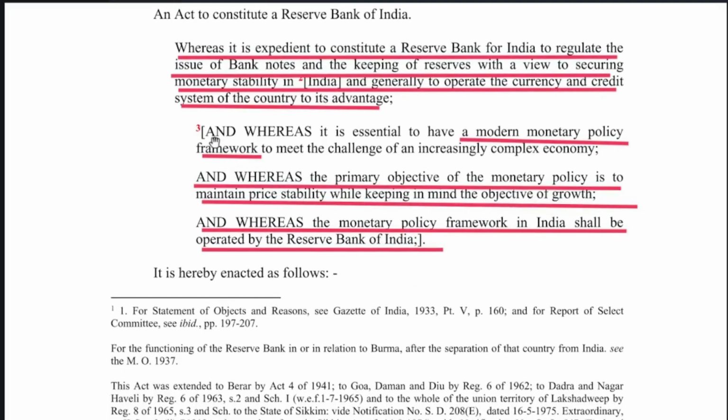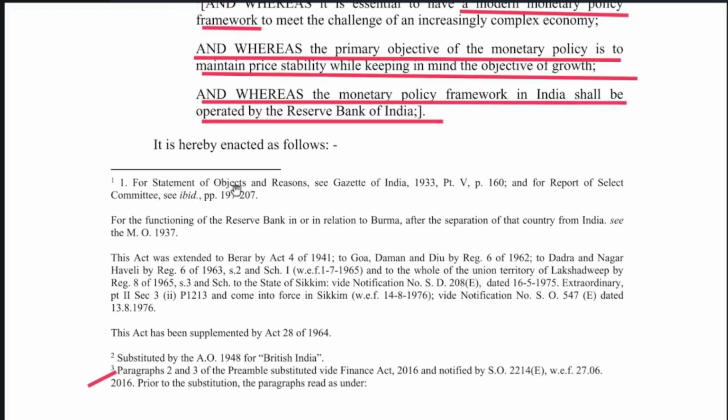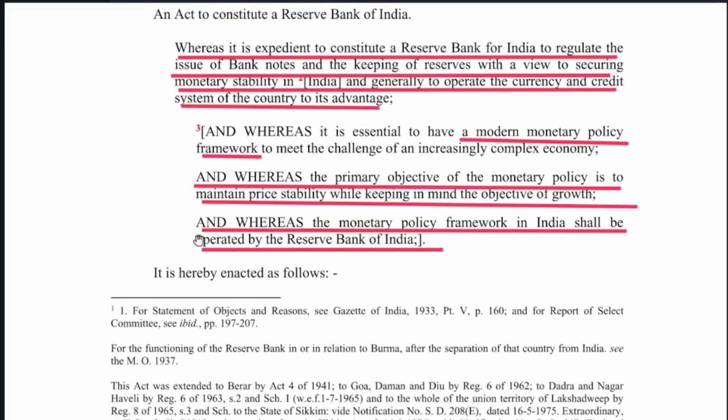Now, there is this reference to footnote number 3. So let's see what this footnote is. It says that paragraphs 2 and 3 of the preamble were substituted by the Finance Act 2016, meaning thereby that the original RBI Act, which came in 1934, did not have these three points that begin with the word 'and'.